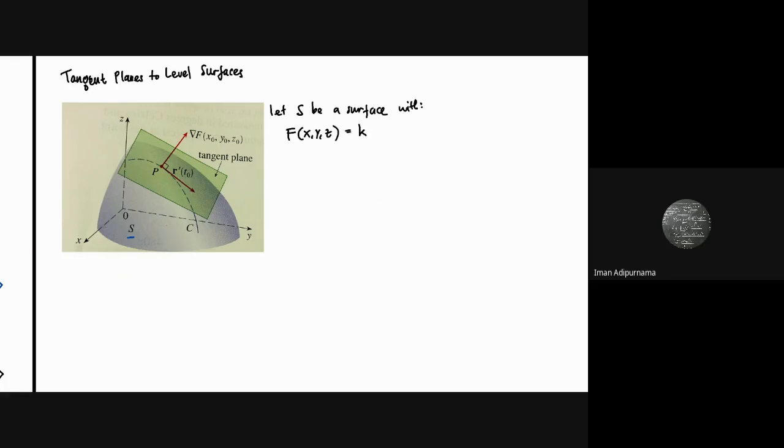So this means this is a level surface of a function of 3 variables. All 3-variable functions are the same. So k is usually a constant that represents the surface level. Okay, but we will talk about that maybe later.